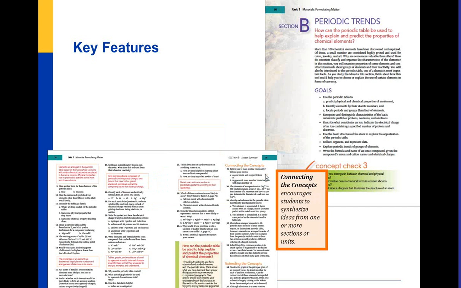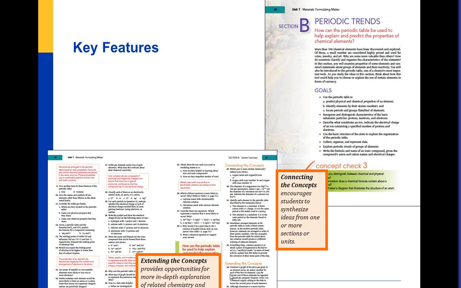Connecting the concepts is the second part of the summary, and those are where students start to connect and synthesize ideas. So if you're familiar with Bloom's taxonomy, the reviewing the concepts questions that have the little boxes, those are more your bottom level of Bloom's taxonomy. These connecting the concepts are kind of your middle range of Bloom's taxonomy, and then extending the concepts would be your upper portion of Bloom's taxonomy.